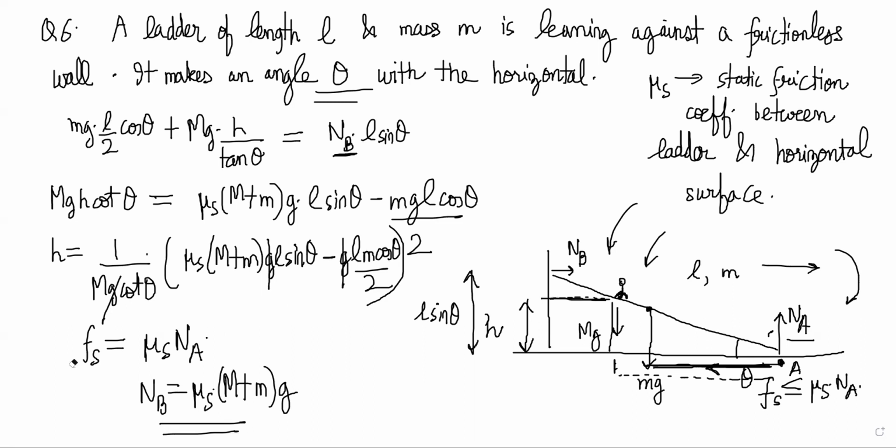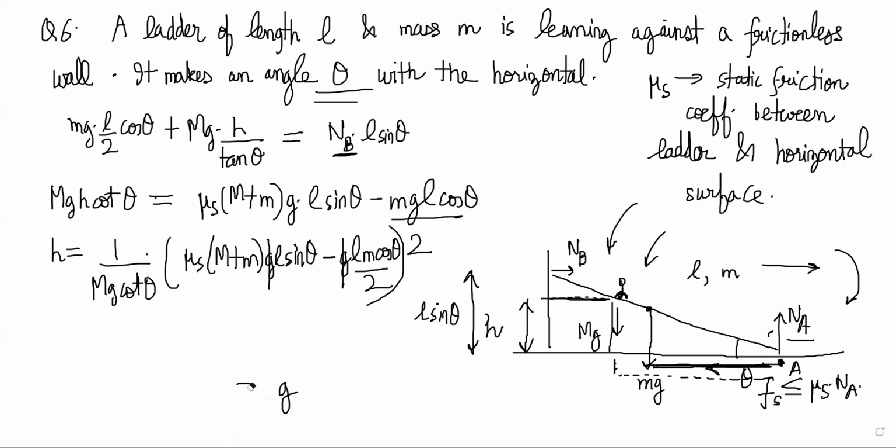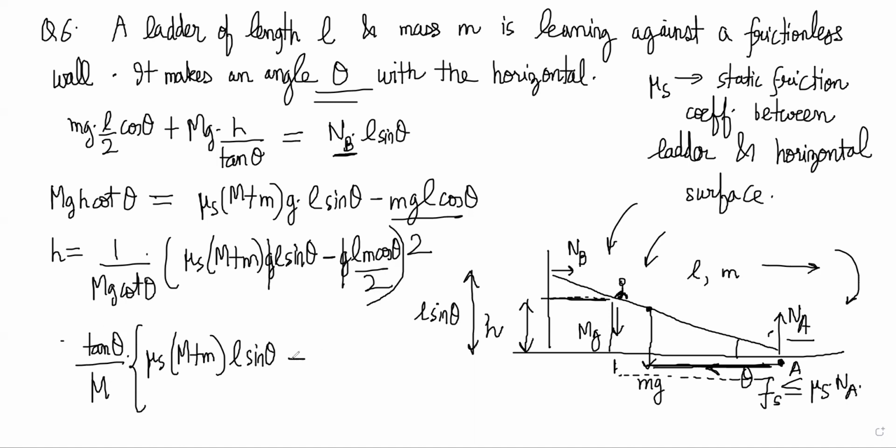What you get here is now a tan theta by capital M. g has gotten cancelled. You get mu s M plus m L sine theta minus L small m cos theta by 2, right?